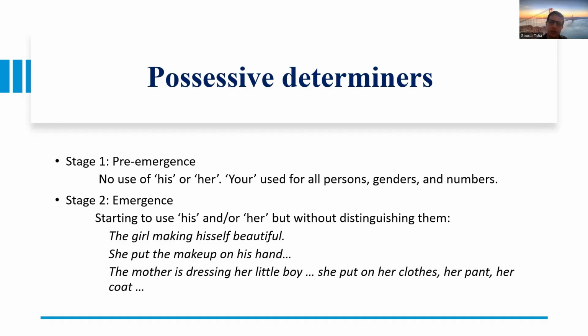In the second stage, we start to see the emergence of these individual possessive determiners. We start to see "his" and "her" without distinguishing them.